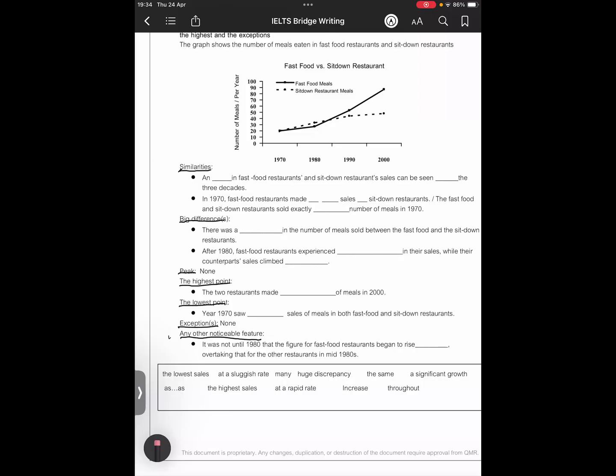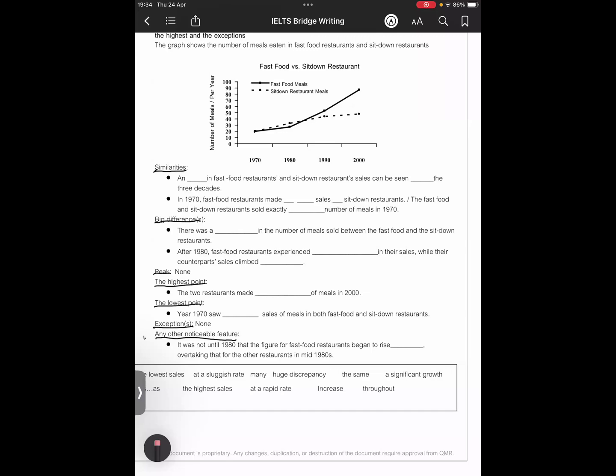All right, so let's have a look at the first question. It says here, "...in fast food restaurant and sit-down restaurant sales can be seen, followed by a gap, the 3 decades."